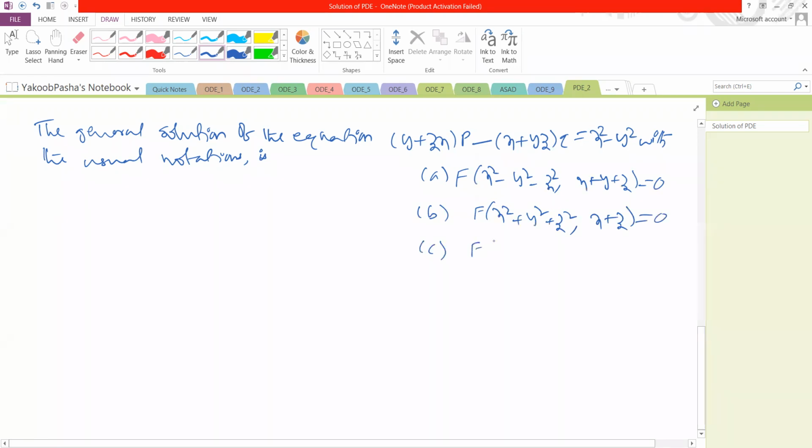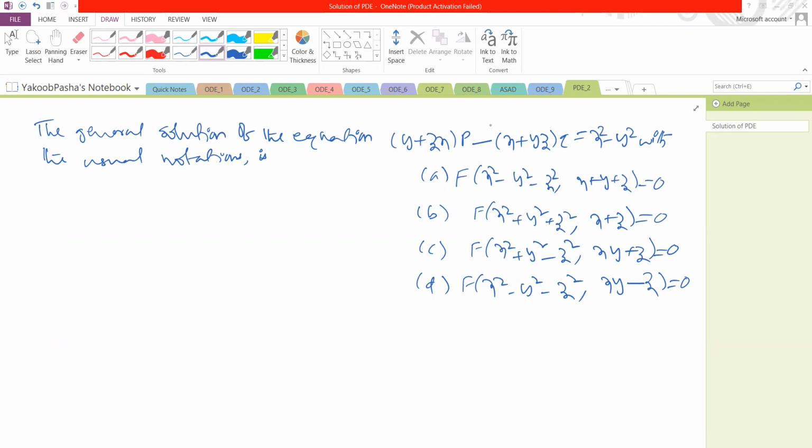Option C, f of x square plus y square minus z square comma xy plus z is equal to 0. And option D, f of x square minus y square minus z square comma xy minus z is equal to 0. Okay, we have four options here.